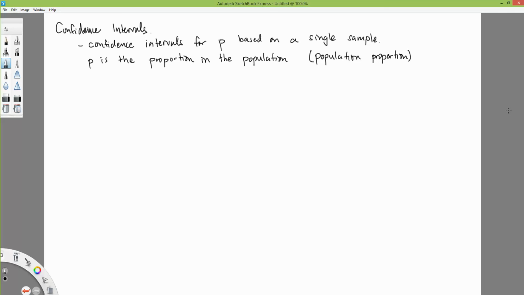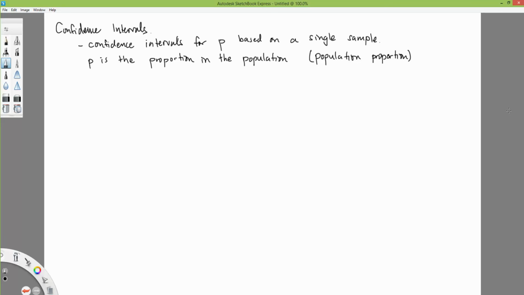Now, with a confidence interval, the idea is, hey, wait a second, I don't know what the proportion in the population is, okay? So in the previous problems with the tub of M&Ms and the tub of Reese's Pieces candies, I said, hey, we happen to know that in the tub, 30% of the candies are orange. Or hey, we happen to know in the tub, 18% are green, okay?